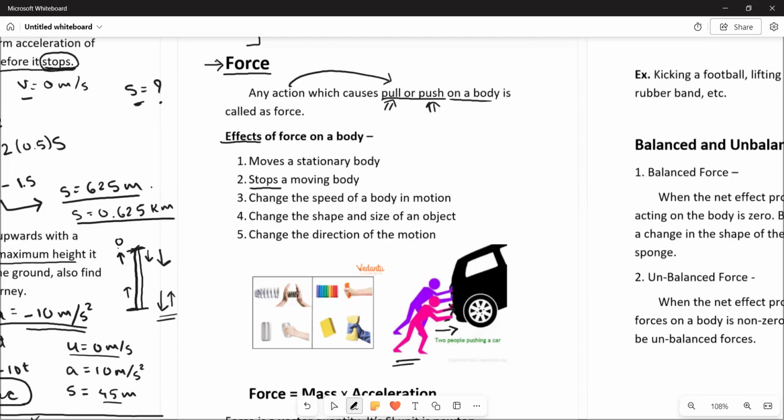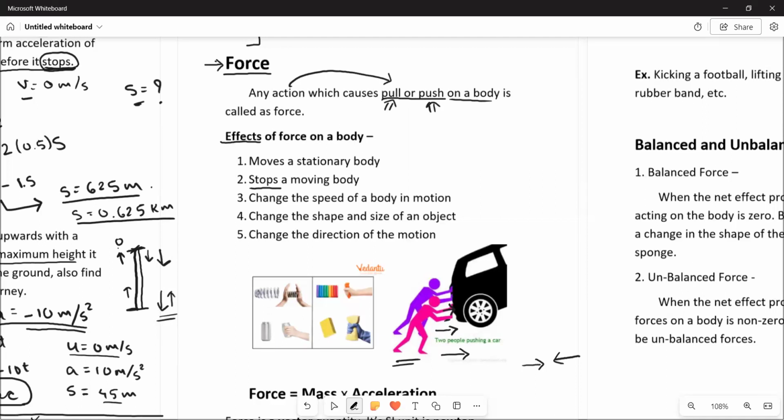Means if we want a car to move in this direction from left to right, and we are also pushing it in the same direction, this will make the stationary body move. But if a body is moving from say right to left, and we are applying some force from left to right, in this case the moving body will come to rest.